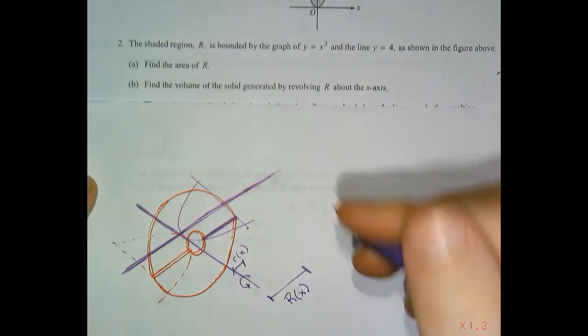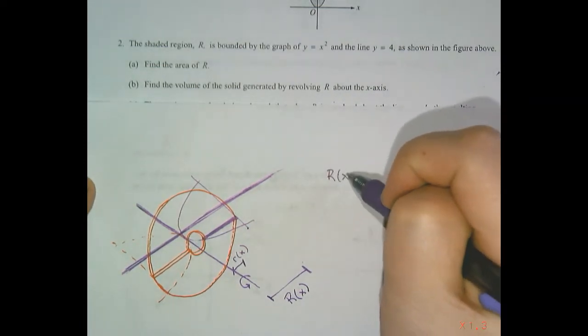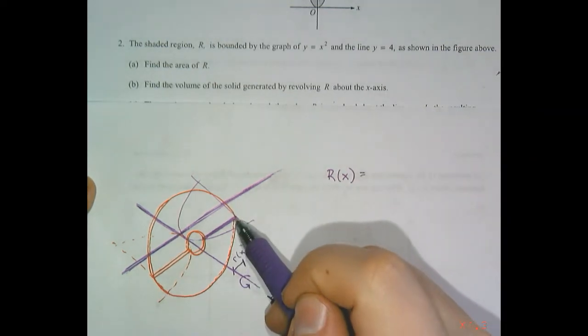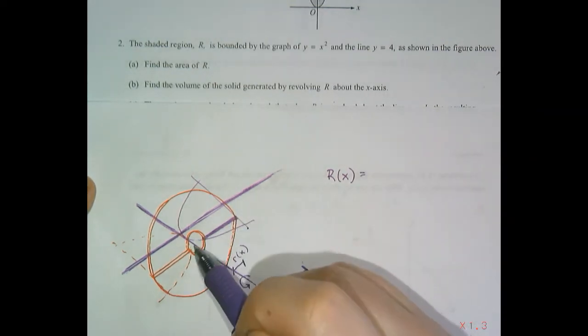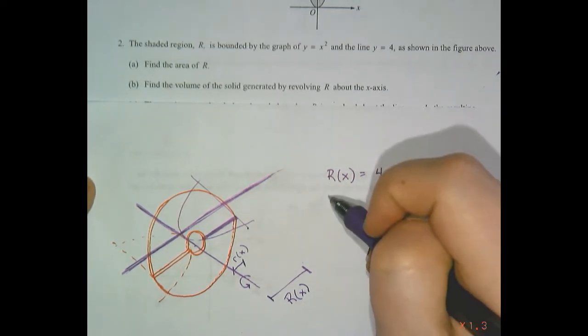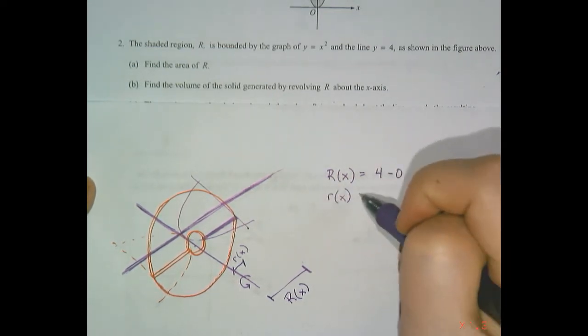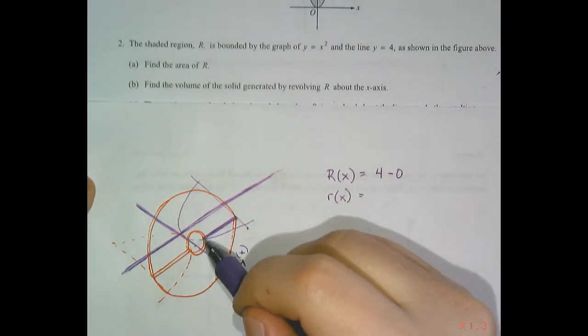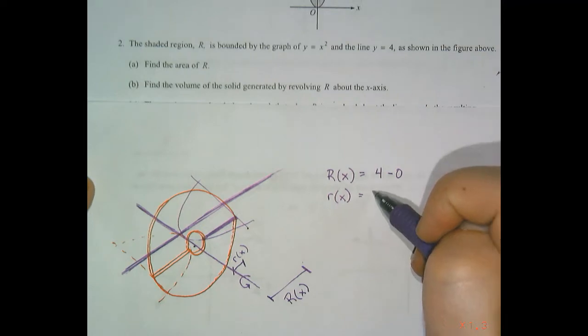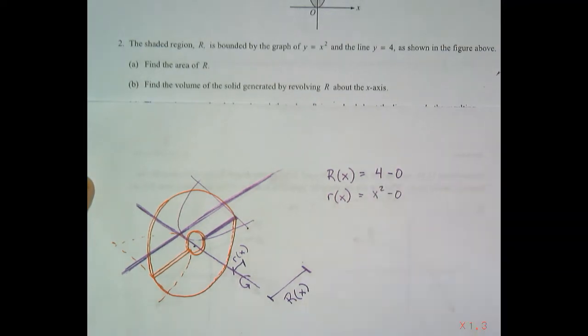So for this particular region, big R of x is going to be outer boundary minus rotation line, so 4 minus 0, and then our little r of x is going to be our inner boundary subtracted from the rotation line, which is going to be x squared minus 0.